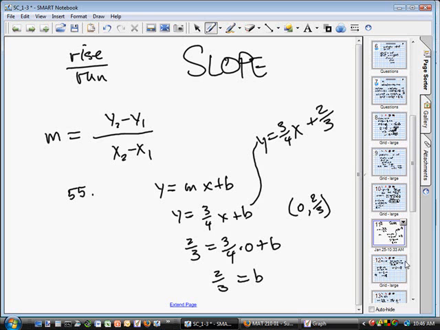If I'd have looked at that and gone, hey, there's my y-intercept, I'd have been done. But of course, if this was (3, 2/3), we would have had to do some multiplication and subtraction, pretty easy though. Good observation. So really, that was a pretty wimpy problem too, wasn't it, 55, because they really handed it to you.